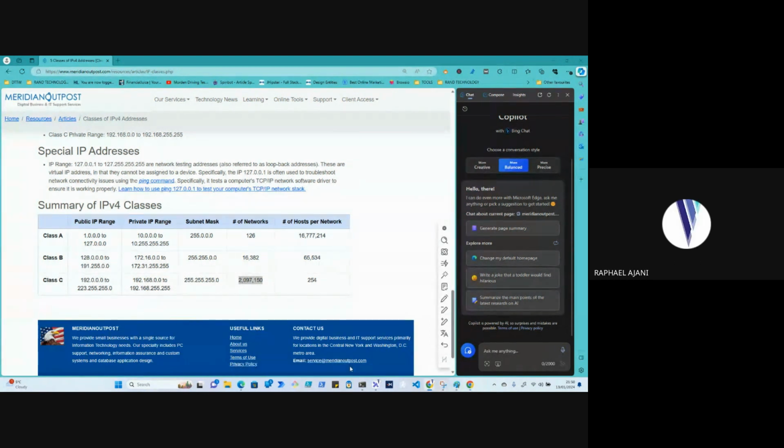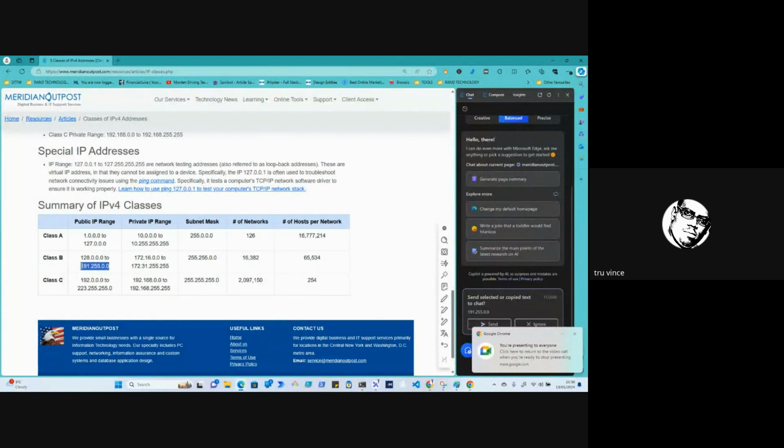If you look at class B now, you see 255, 255, then the last 200. Just as you explained, the maximum we can have there is 255. Let me take the last one, the C. The first 3 have been taken, which serves as the network, and the last one, 0. Then the maximum you can have there is 255 minus 0, you'll be left with 254.